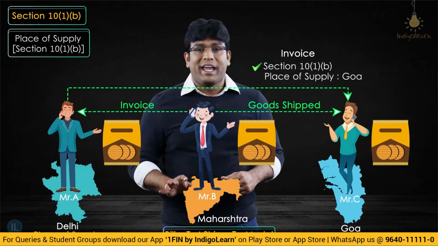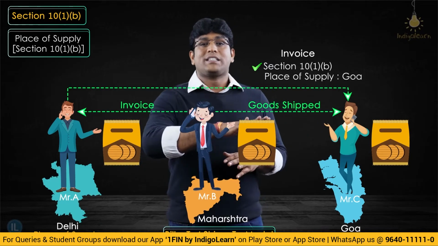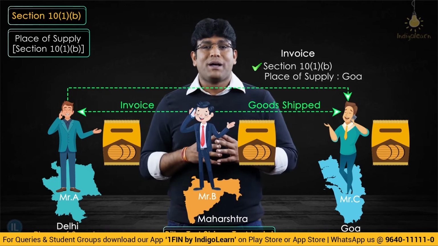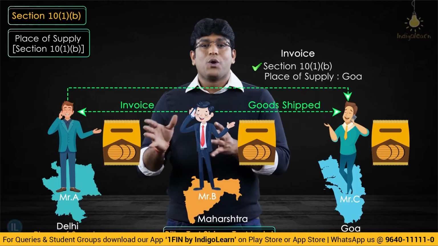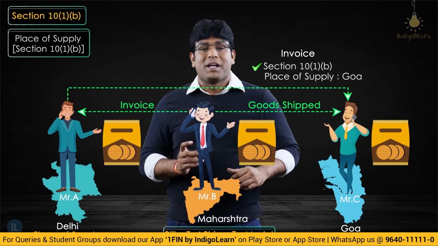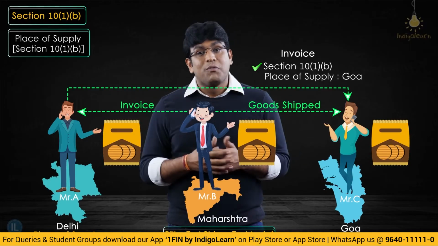And as per 10(1)(a), place of supply will be the place where movement of goods terminates for delivery to the recipient. And in our example, movement of goods terminated in Goa. So place of supply will become Goa. So in the example what I gave, there are two transactions involved. So 10(1)(b) technically talks about the bill to ship to model.